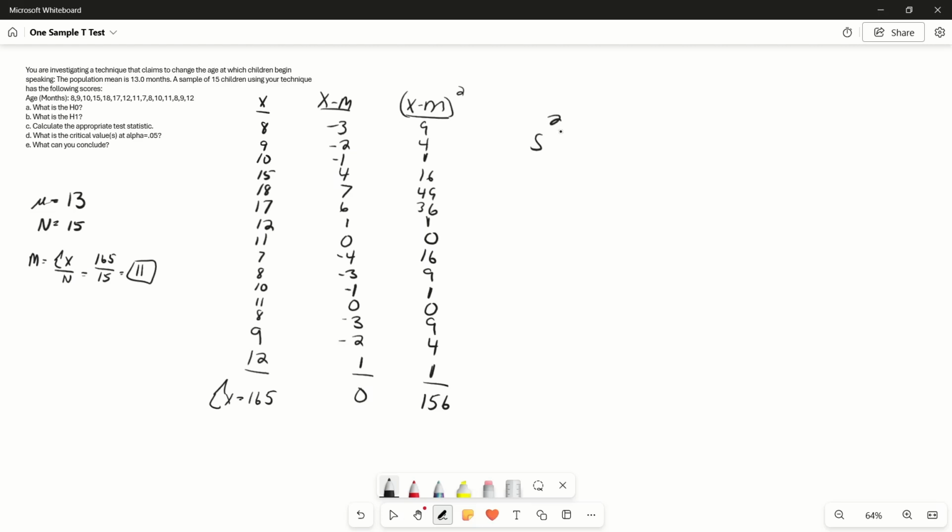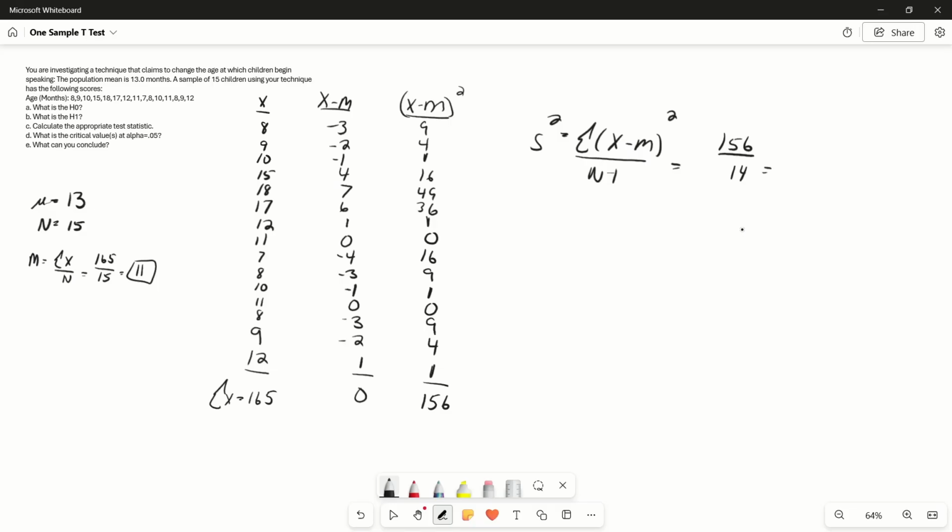So we know that variance equals the sum of squares on the top, which is this column at the bottom here, 156, all over n minus 1. So that's 156 over n minus 1. N is 15. 15 minus 1 is 14.